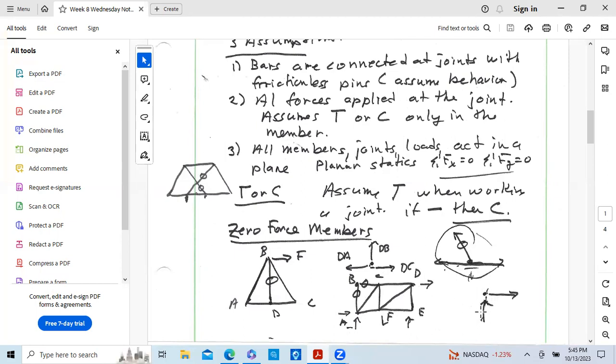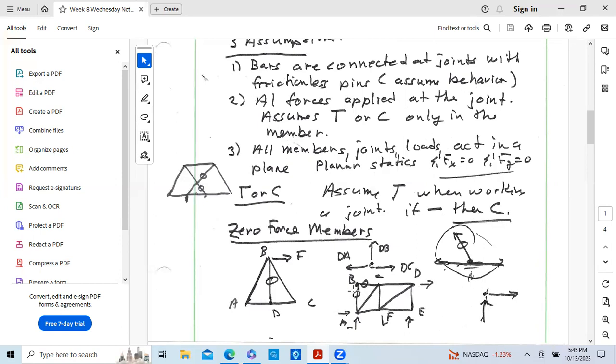Force in each direction. Sum forces in the X direction. I have this force. Nothing in the X direction here. This has to be equal to 0. The forces in the Y: force in the member, there's no other force in the Y direction. This member has to be equal to 0.